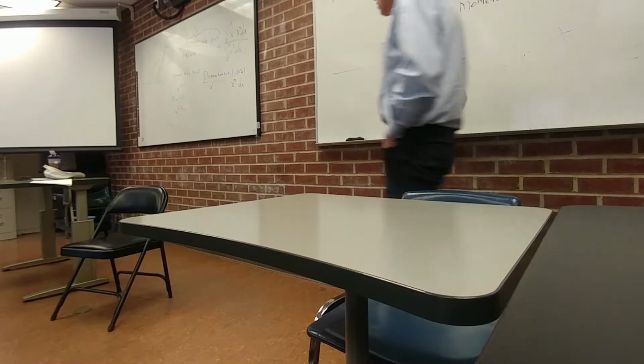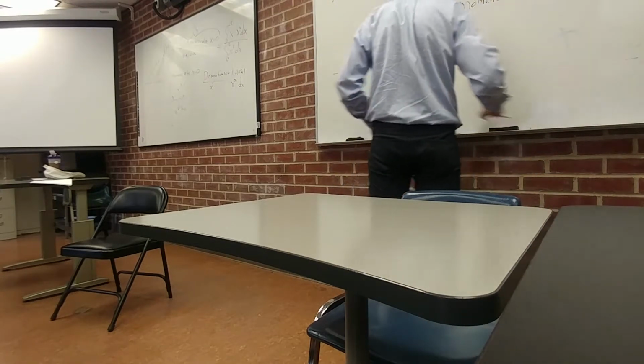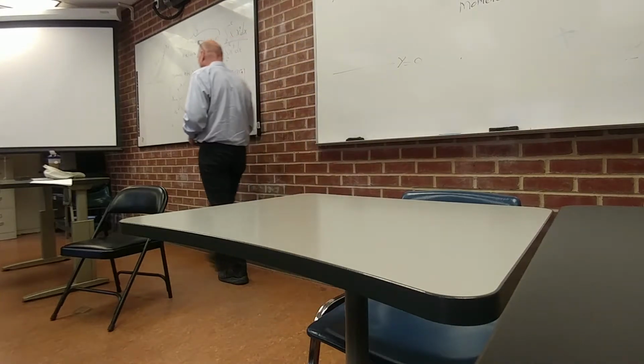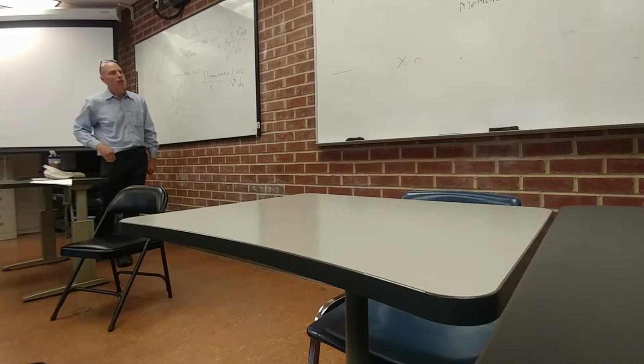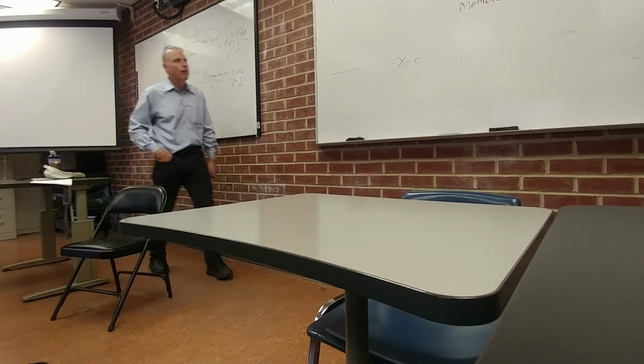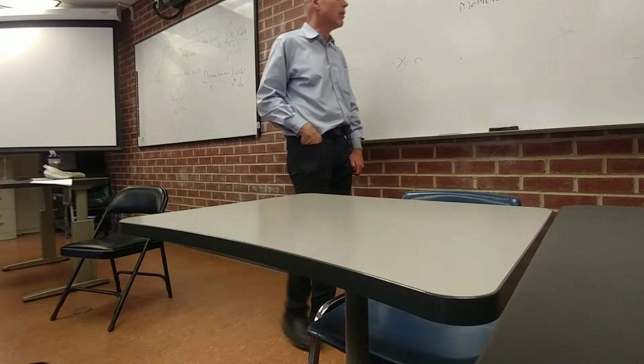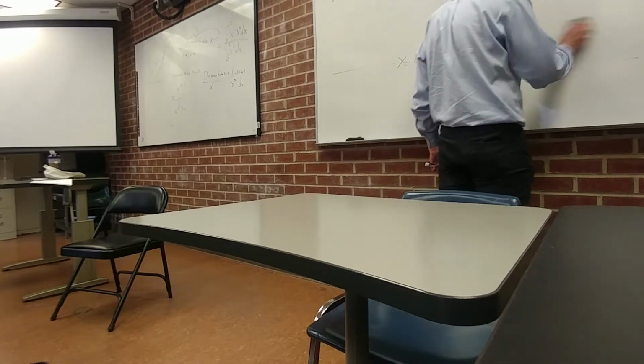So a moment, just like we had on that balance scale, is going to be the distance times the weight. And I'm using area as a proxy for the weight because I adjusted the density, so I don't have to worry about it.